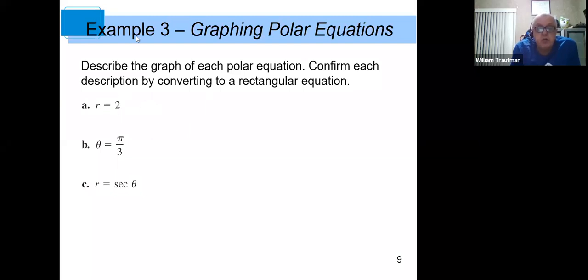So for r equals 2, if you look at the graph, r is 2, the radius is 2, no matter where you look at it. So this is just a graph of a circle. And remember, our formula for a circle is this. R is 2, so this is going to be the rectangular equation for the circle.